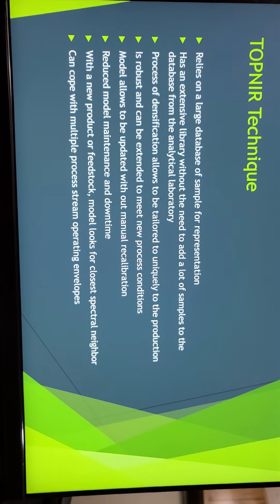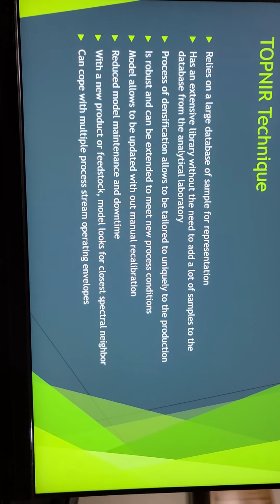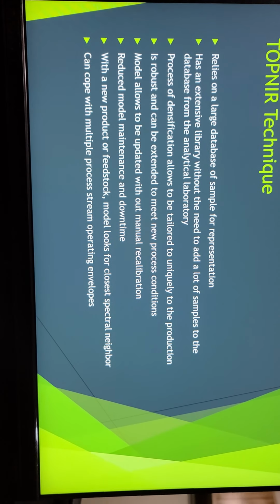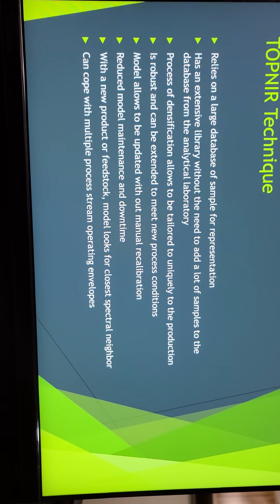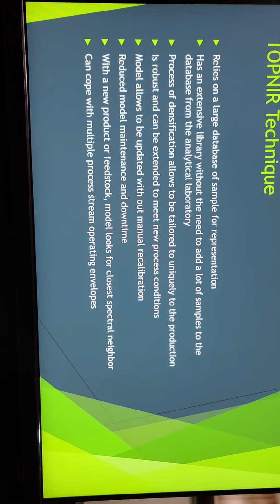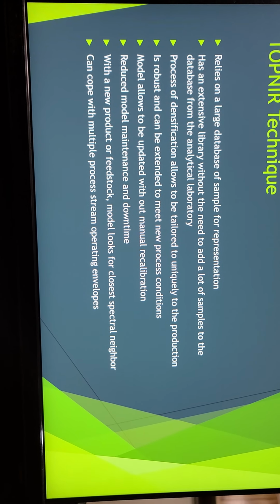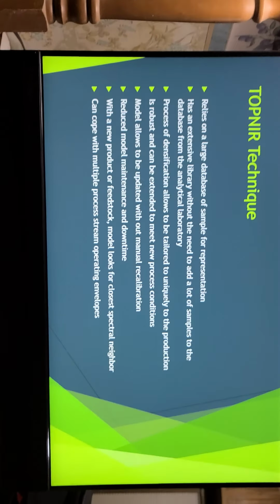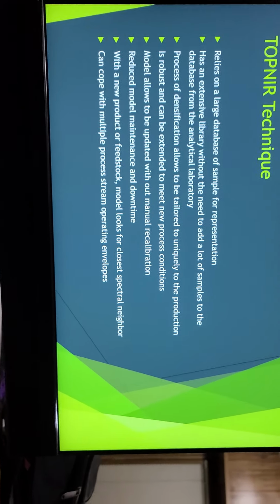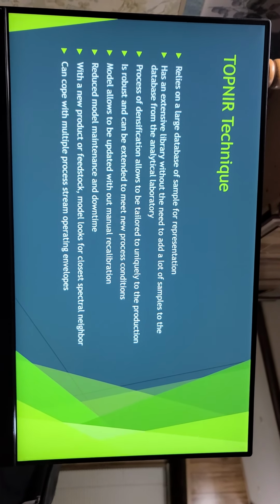So, as I said, the technique of the top NIR relies on a larger database of samples for representation. It has an extensive library without the need to add a lot of samples to the database from the lab or site or facility that you're bringing the samples from.